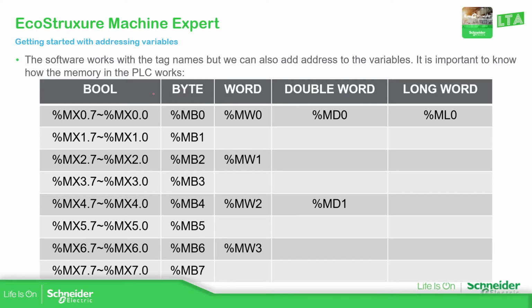Another thing that we need to check is the booleans. The booleans are divided by byte. So in the byte that we have, the bits go from 0 to 7, and the next byte is not divided by word, because sometimes with words, the %MW goes from 0 to 7, 8 to 15.